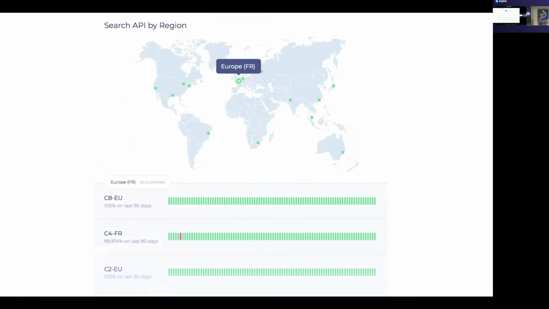On the status page you see a very high-level overview based on cluster names. But if you go to your own status page, you will have a page dedicated to your application, and you will only see this. So you can really get the data from Algolia on how your system is behaving in Algolia.